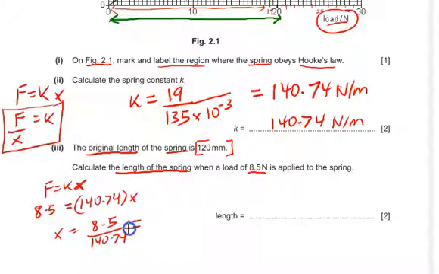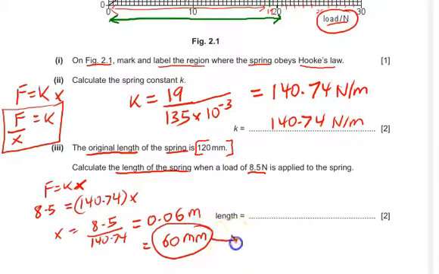So your value here will be 0.06 meter. So you have to change it into millimeter. Change it to a millimeter, multiply with 1000. So here you are getting about 60 millimeter.